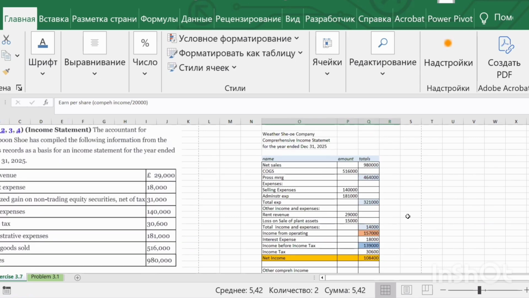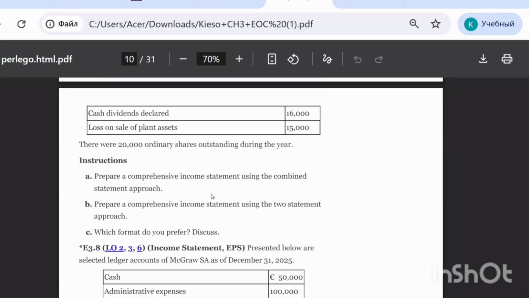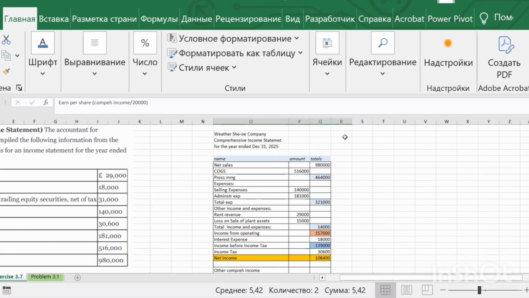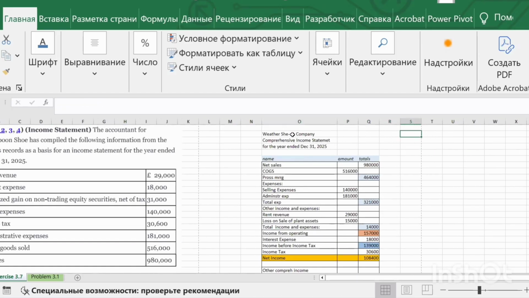Second part, prepare a comprehensive income statement using the two-statement approach. Okay, let's start. Two-statement approach. It might be a little bit similar to the first one.